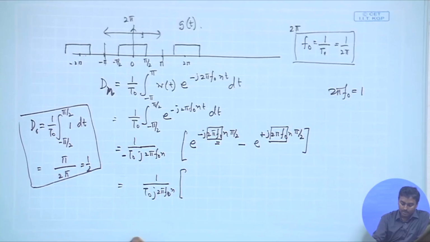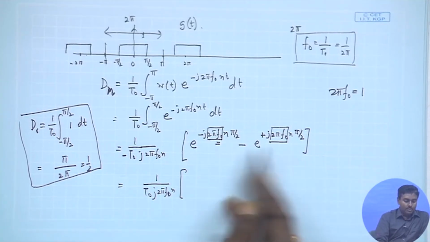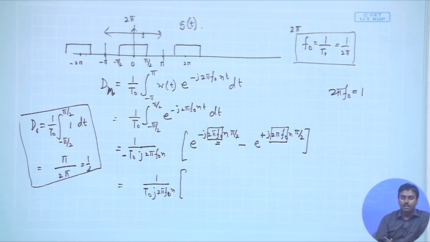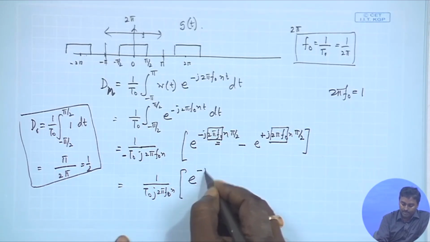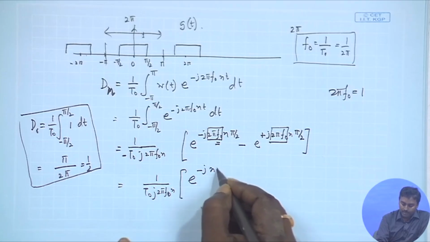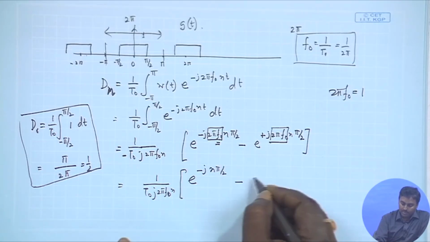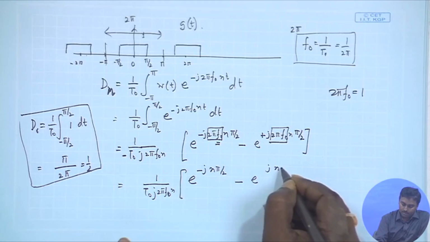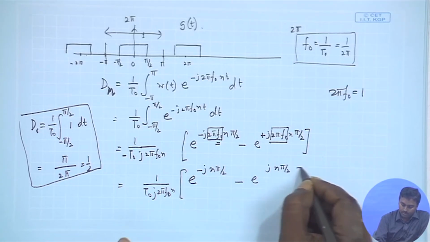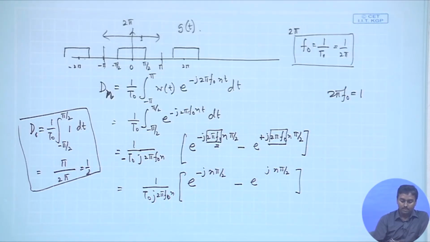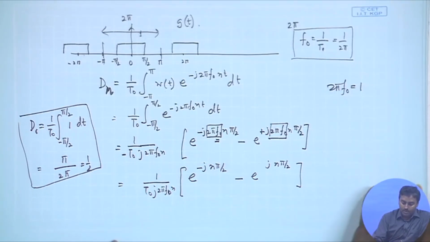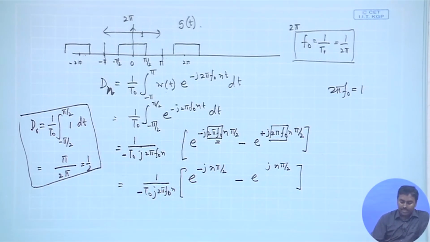Okay, this one. So how much do we get? It is e to the power minus j n pi by 2 minus e to the power j n pi by 2, right. This is fine. Okay. So now there is a minus.